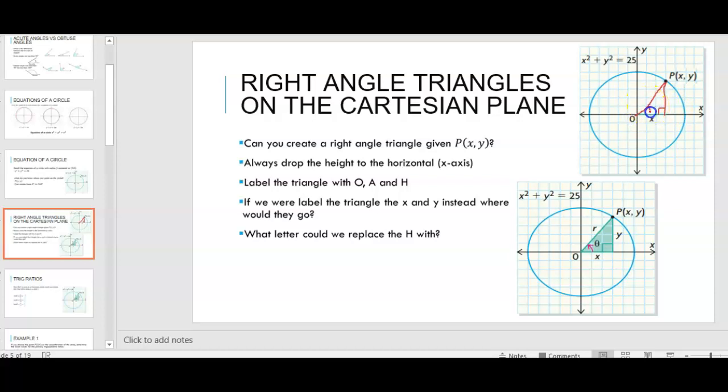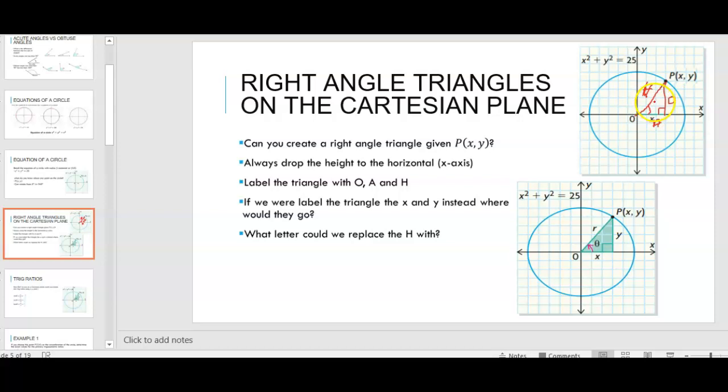Because it is a right angle triangle, we're going to label the sides as opposite, adjacent, and hypotenuse. All right, and we know that from here we can write all the primary trigonometric ratios of this angle theta.